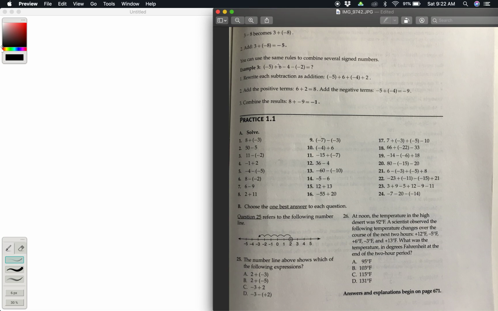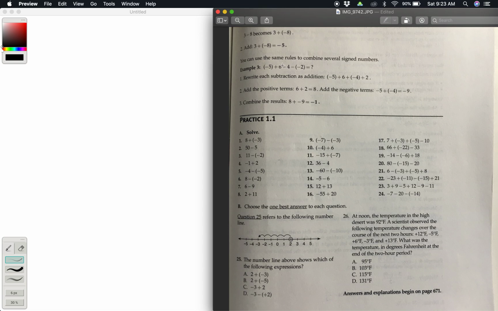So for example, -5 plus 6 minus 4 minus -2. What they did here is rewrite each subtraction as addition. Let's see how they went ahead and rewrote it. They did -5 plus 6 plus -4.